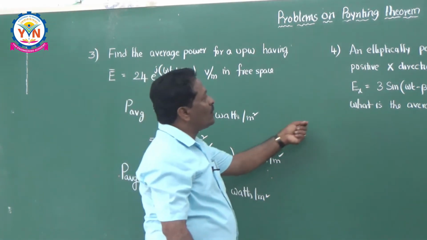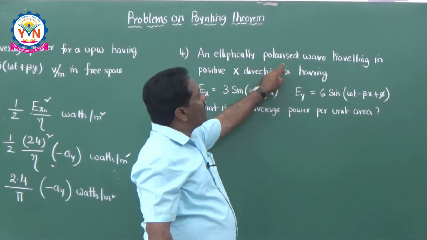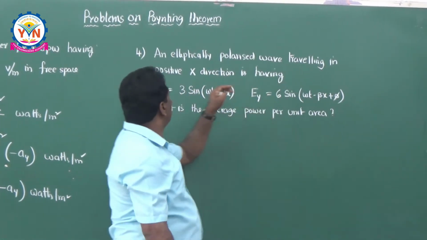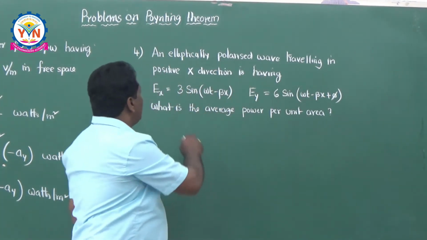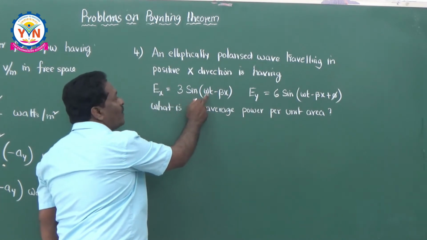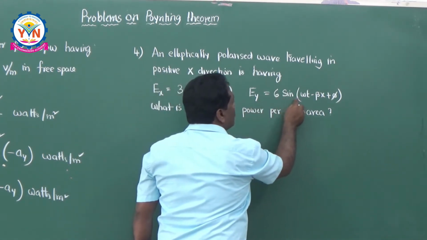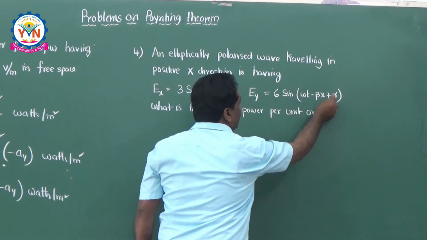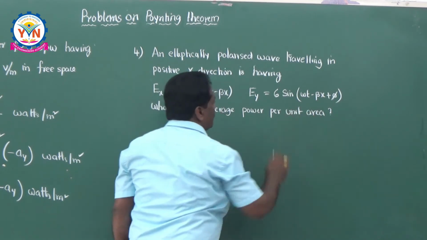Then coming to one more problem here. An elliptically polarized wave traveling in positive x direction is having Ex equal to 3 sine of (omega t minus beta x) volt per meter, and Ey equal to 6 sine of (omega t minus beta x plus 5). What is the average power per unit area?